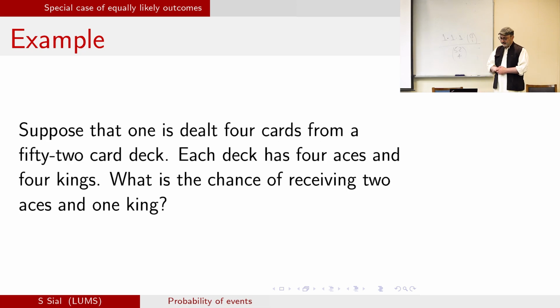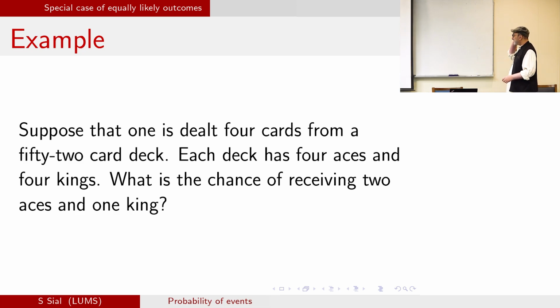Okay. You're dealt 4 cards from a 52-card deck. So each deck has 4 aces and 4 kings, right? What's the chance of receiving 2 aces and 1 king? All right, so how many ways are there of constructing this hand? Let's use our rule of counting.